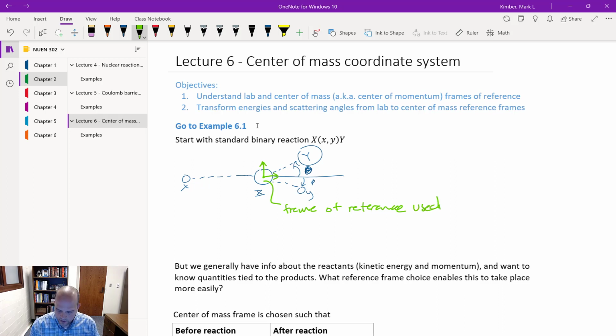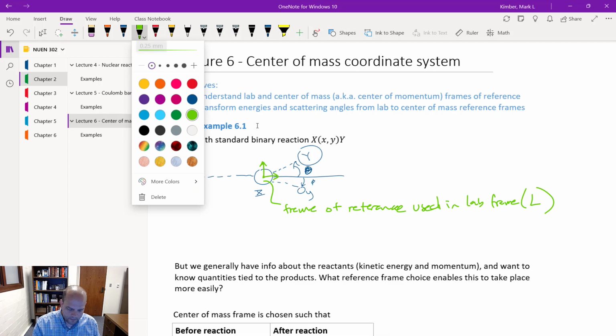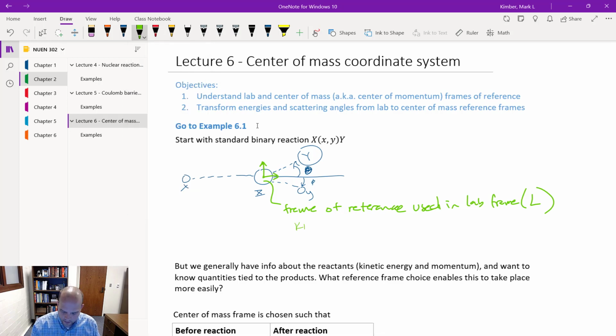So we used this in the lab frame, which we're going to use the variable capital L. And so because we tied that to our lab frame, then our kinetic energy of the large particle, so our target, is going to be 0, because that is our frame of reference. If it happens to be moving, well, our frame of reference is moving as well. And therefore, my momentum vector is also going to be 0.